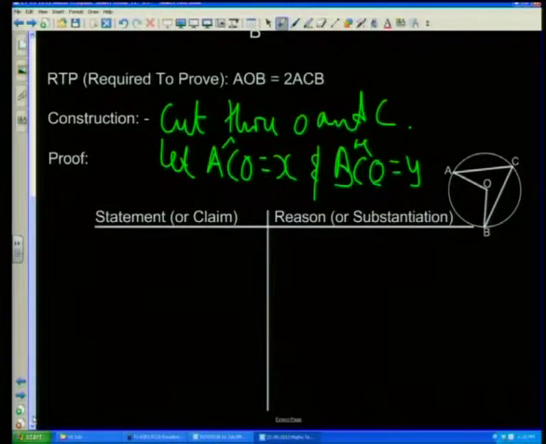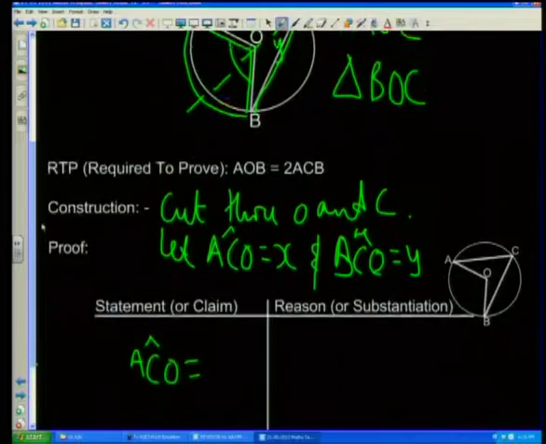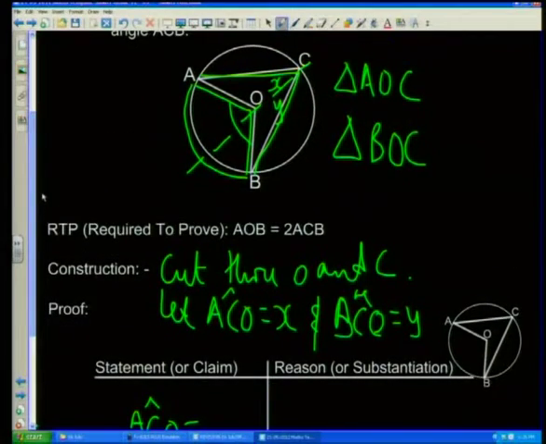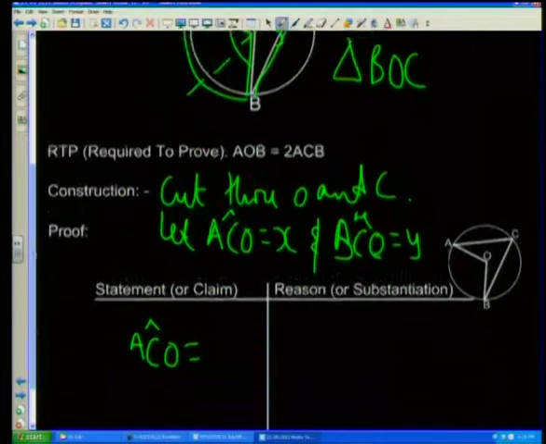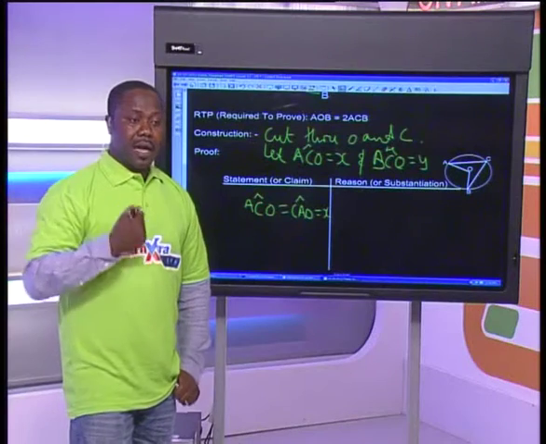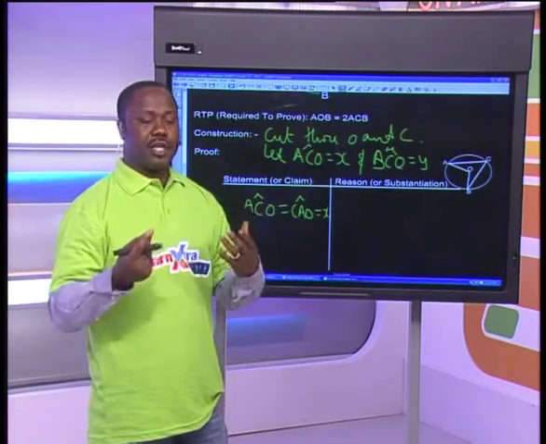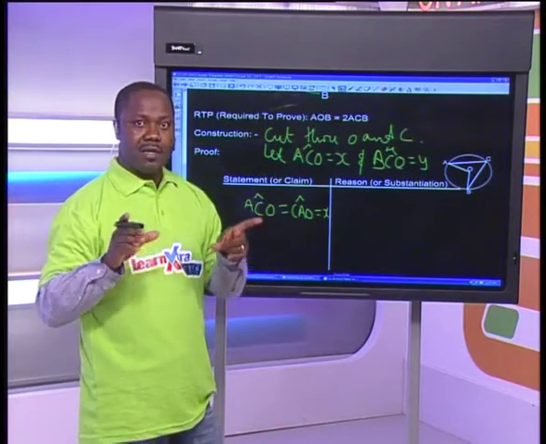So if we say angle ACO equals angle CAO, and they are both equal to X, I will have to give a reason for that. Earlier on, Heather mentioned that the radii have got the same dimension.